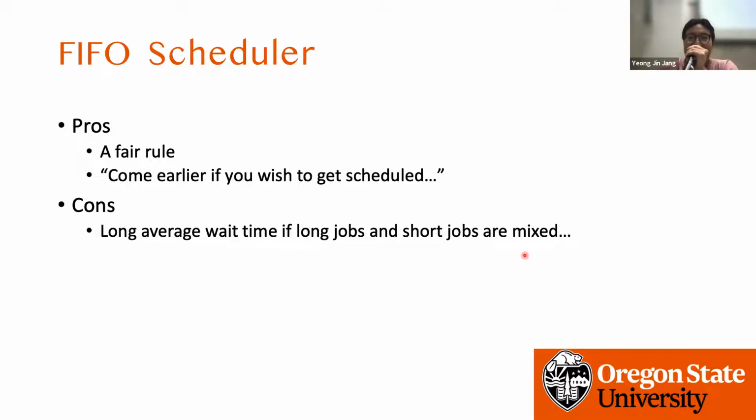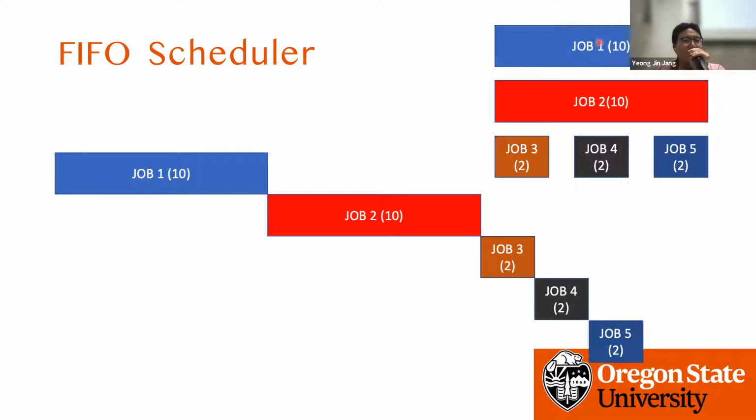Yeah. And then let's take a look at the example. Suppose we have 5 jobs like this. Job 1 and 2 have a job duration of 10 seconds, and job 3, 4, and 5 have a job duration of 2 seconds.